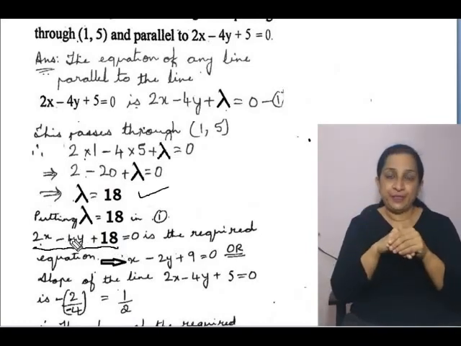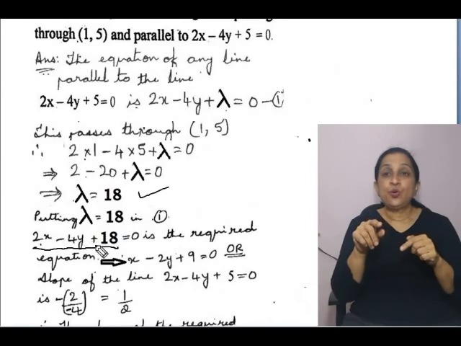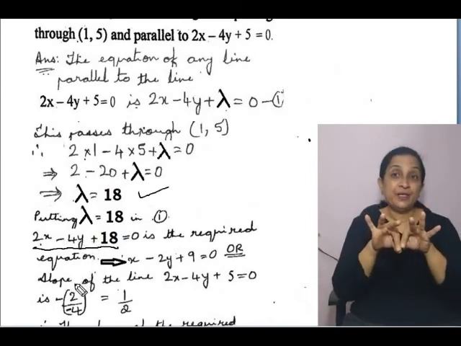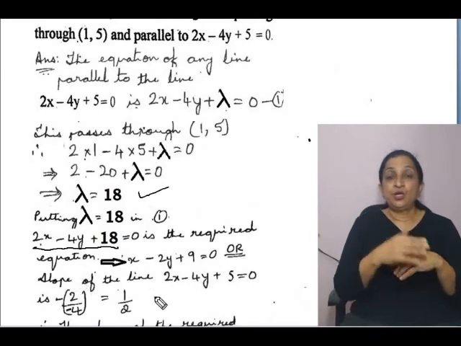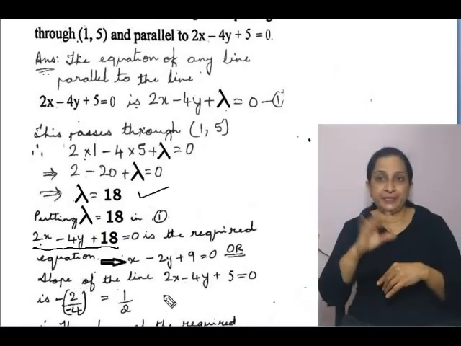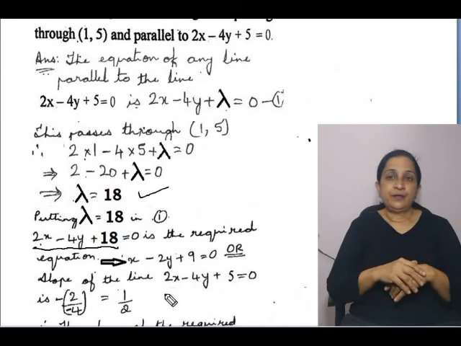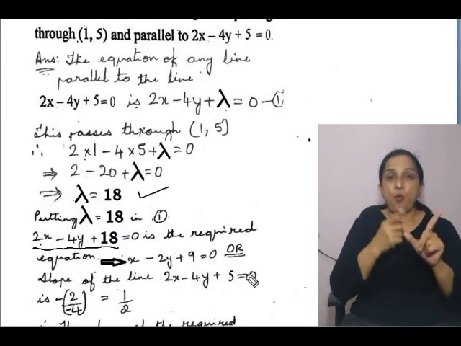Remember the slopes of both of these are the same. If you are asked to find the slope, then you have to put it in the format y equal to mx plus c.